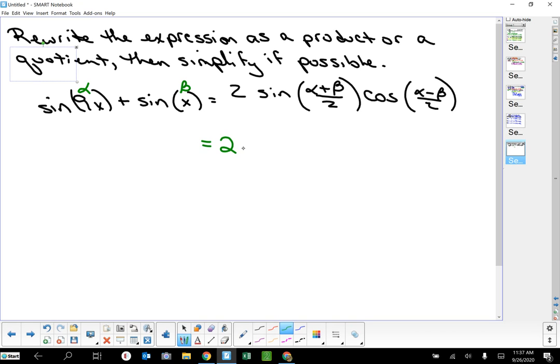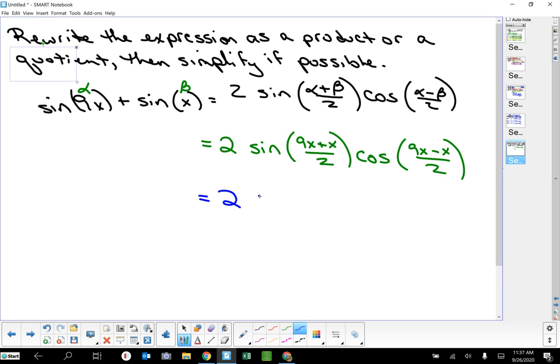So I've got 2 sine 9x plus x over 2, and then cosine 9x minus x over 2. And then we'll simplify again. So 2 sine, this gives you 10x over 2 is 5x. 9x minus x is 8x over 2 is cosine 4x.